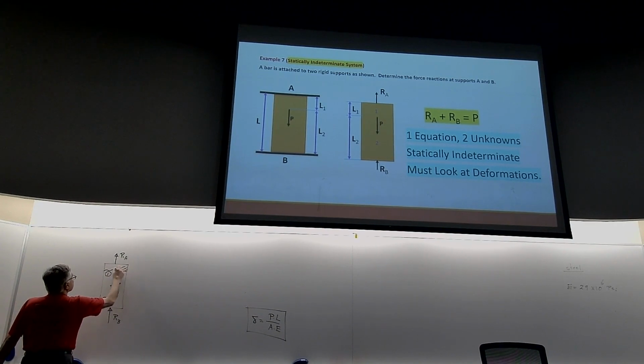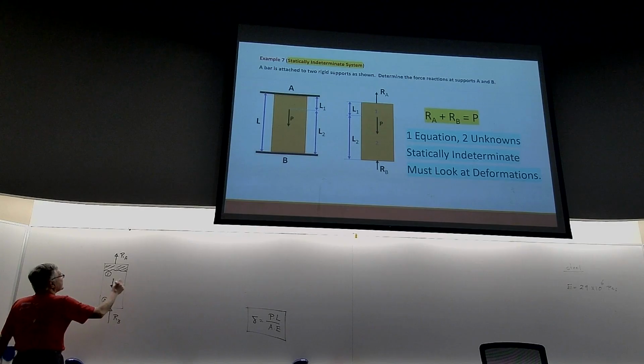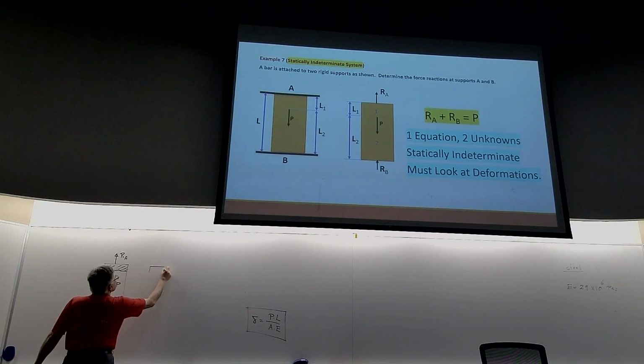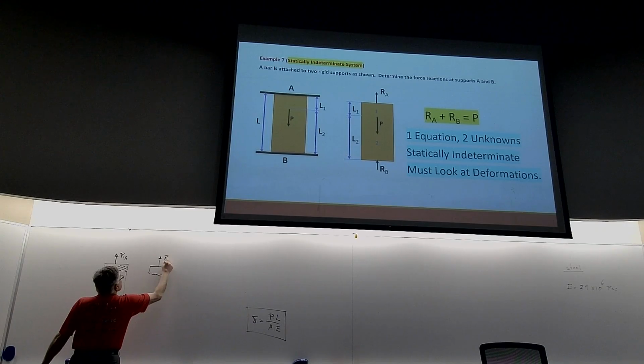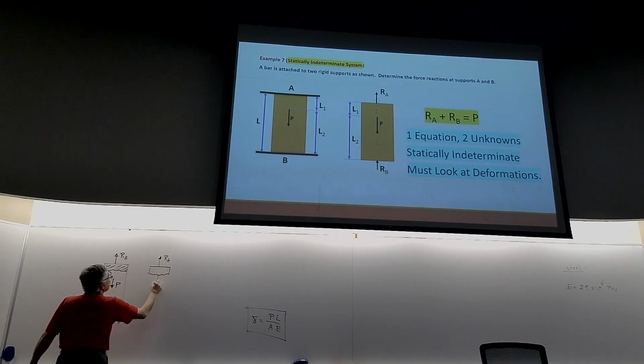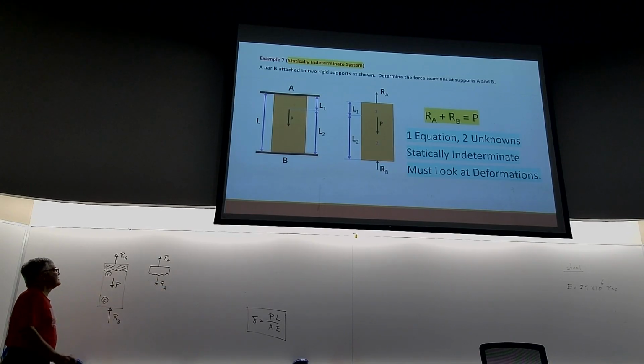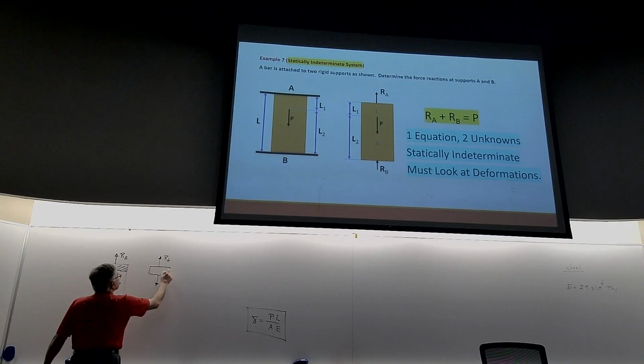Cut, free body diagram. So if this is RA, we must have the same force here in the opposite direction in order to have equilibrium. So this is segment one.